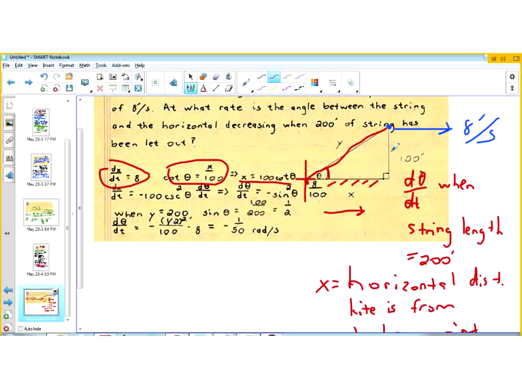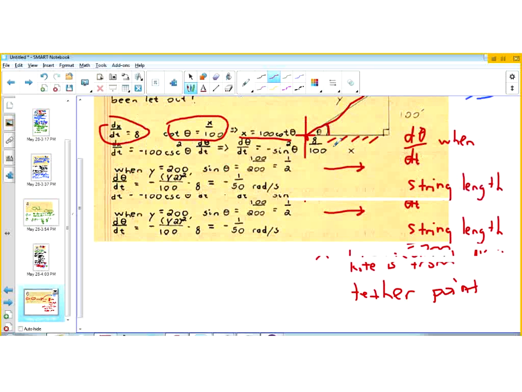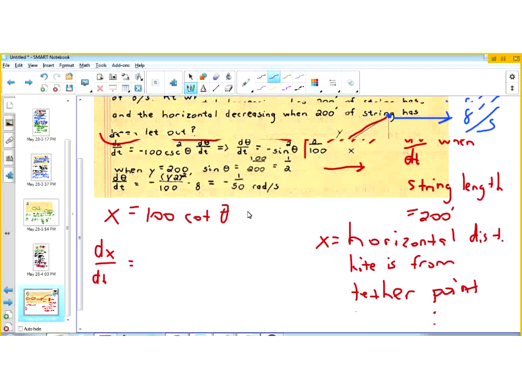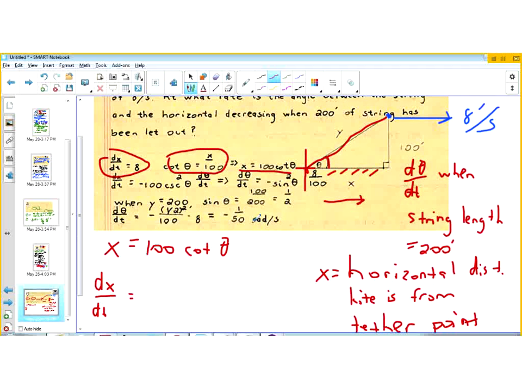We don't know what x is, right? Or we can find the instantaneous value of x, knowing that y is 200 and this distance is 100. But anyhow, since x is equal to 100 cotangent theta, we have the change in position with respect to time, which is equal to 8.